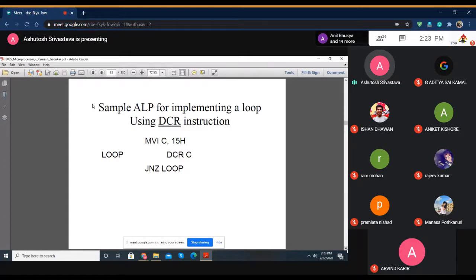So here is the example. Please note down, all of you.